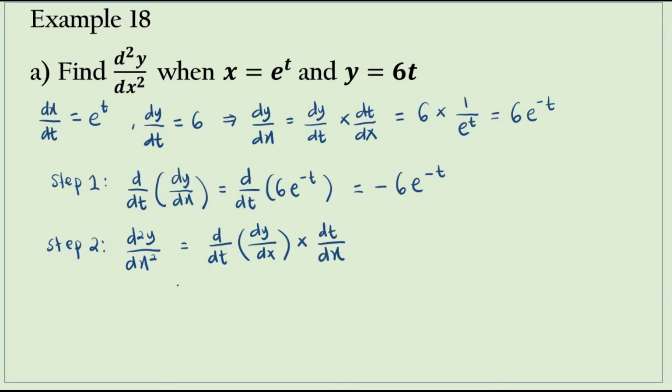So we substitute everything: negative 6e to the power of negative t times 1 over e to the power of t. Our final answer here is negative 6e to the power of negative 2t. And that is how you find the second derivative by using parametric differentiation.